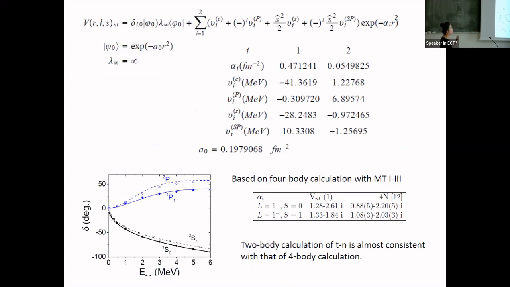This is the sum, and to take account of the Pauli principle, we should remove the zeroth orbit from the core of the triton, and this is also the central part of the potential. Using this potential, we calculate the phase shift like this. This potential is made based on the folding calculation using the Malfliet-Tjon potential.